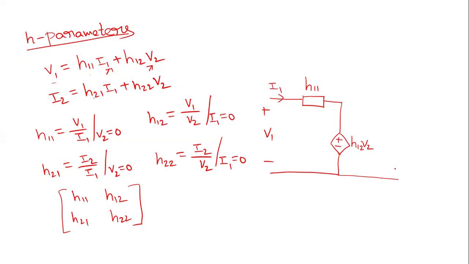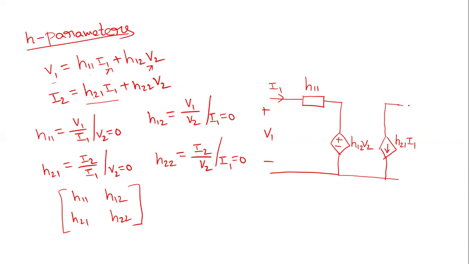Similarly, at the output, I2 is a current, H21 I1, where I1 is the current in the input. So this is a dependent current source, represented as H21 I1.